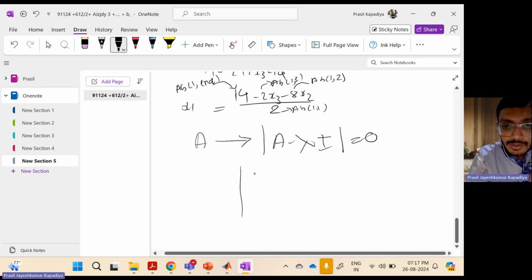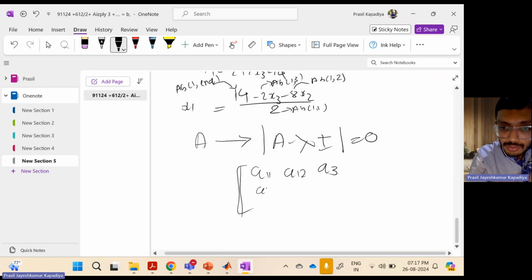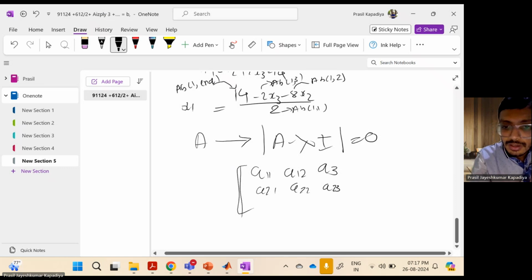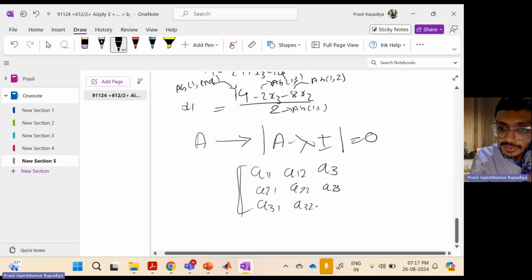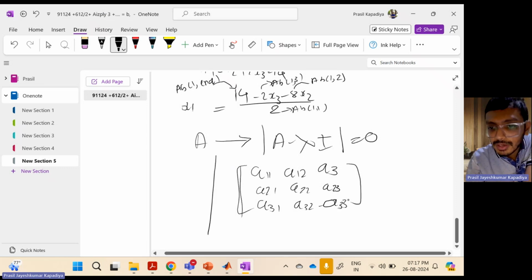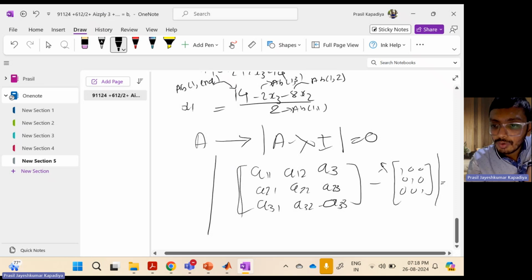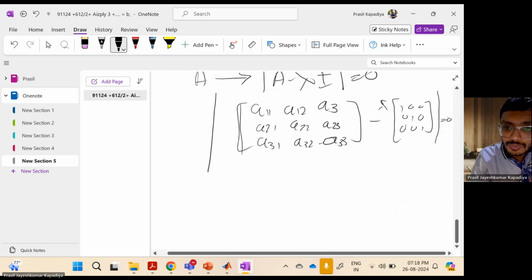So my matrix is A11, A12, A13, A21, A22, A23, A31, A32, A33, minus lambda times the identity matrix, 1 0 0, 0 1 0, 0 0 1, equal to 0.